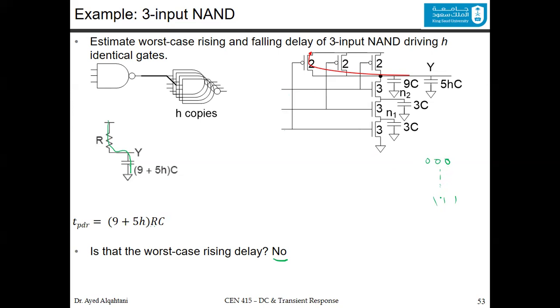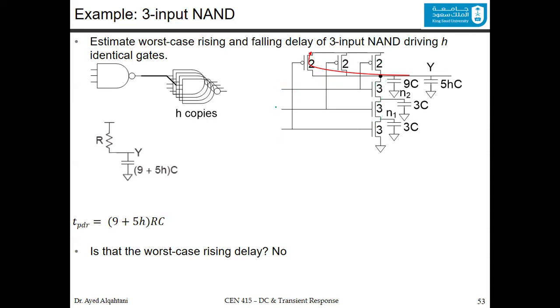But we are not machines, we are humans and we have brains. So we can get some combinations that we know will be the worst case. You can't say that the worst case in the rising is 1, 1, 1. If you have 1, 1, 1, then this is on, this is on, this is on, and this one is off. So there is no path at all coming to the VDD. So 1, 1, 1 definitely is not going to give me the worst case delay.